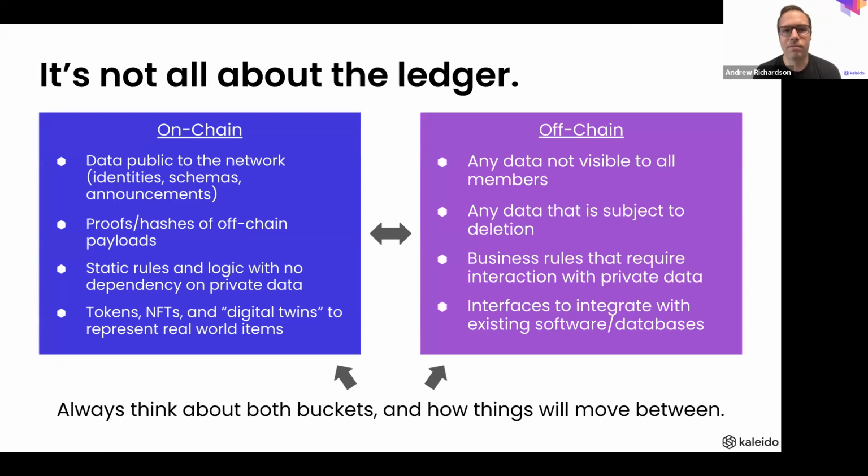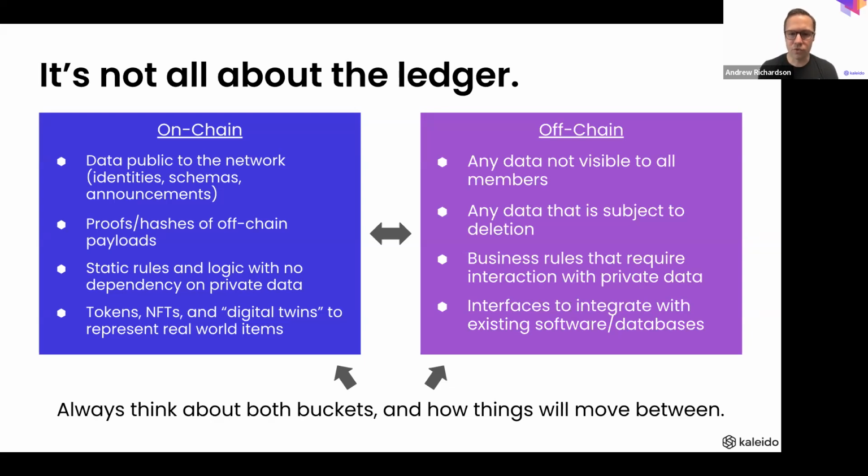Obviously, some things are going to go on chain, right? Data that's public to the network often is, I need to advertise my identity. I need to send my public signing key and assert that anything signed by this key is owned by me and you can trust it, assuming that most of these consortiums are backed by a private side chain and we're not operating anonymously on a mainnet, like the more user-focused blockchain apps.